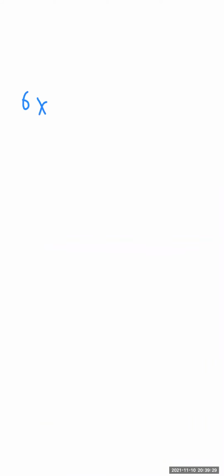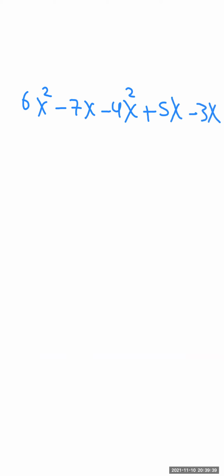Okay, the next question. 6x squared minus 7x minus 4x squared plus 5x minus 3x plus x squared. Here to simplify this term, okay, first there's 6x squared and 4x squared and also x squared. They are like, so we can add or subtract them.